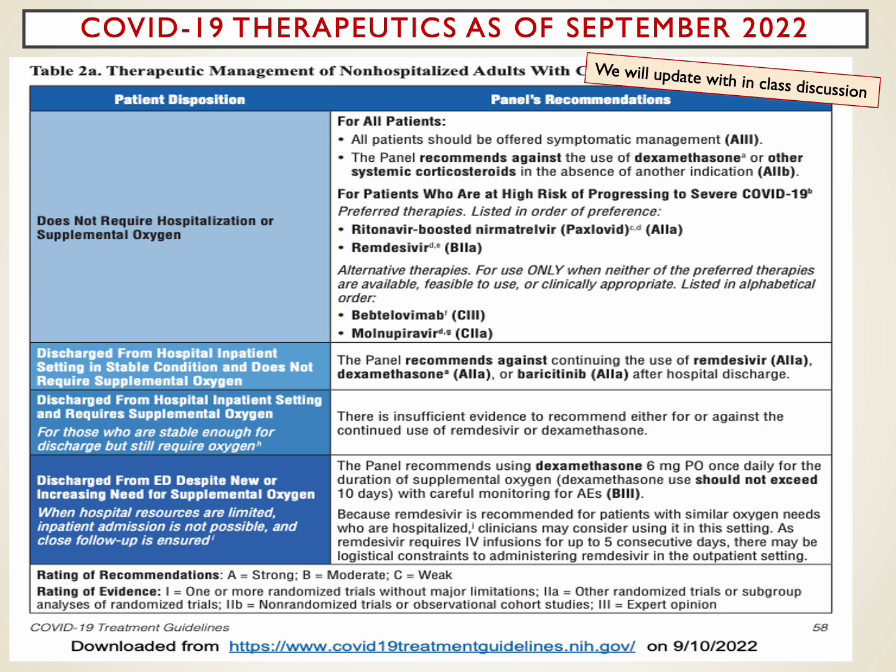Those, again, are pretty much limited to outpatients, particularly Paxlovid, who have high risk for progressing to severe COVID. Those are folks usually who are immunocompromised or who have other comorbidities like heart disease, pulmonary disease, or are older. So it's important to consider those factors, but more detail later in the year.